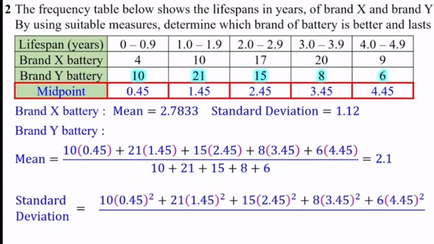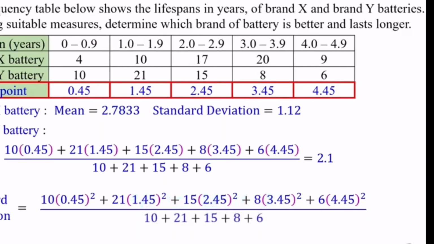We will take 10 times 0.45 squared plus 21 times 1.45 squared plus 15 times 2.45 squared plus 8 times 3.45 squared plus 6 times 4.45 squared, over total frequency, which is 10 plus 21 plus 15 plus 8 plus 6. And then we have to subtract the mean squared. The last step, okay?